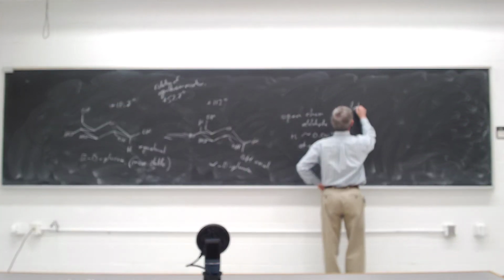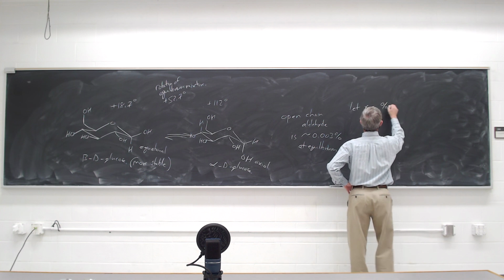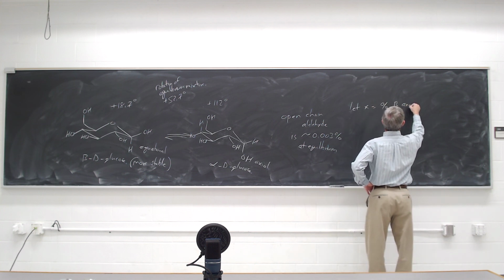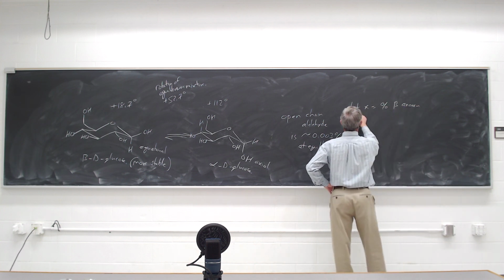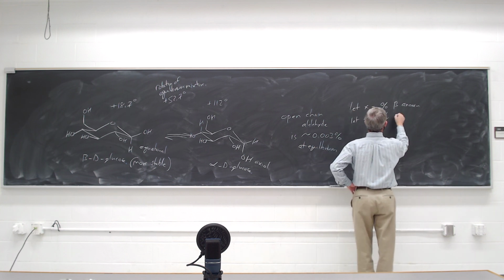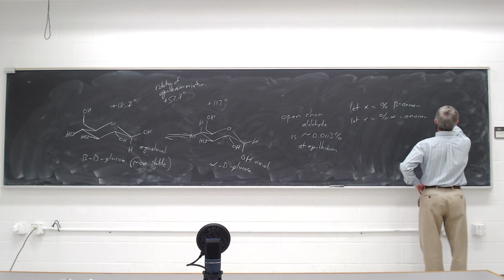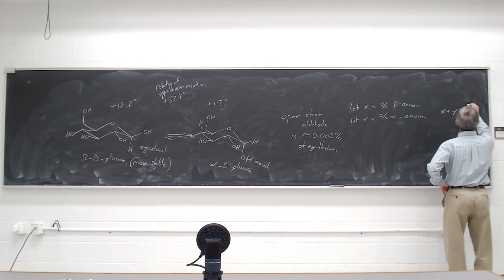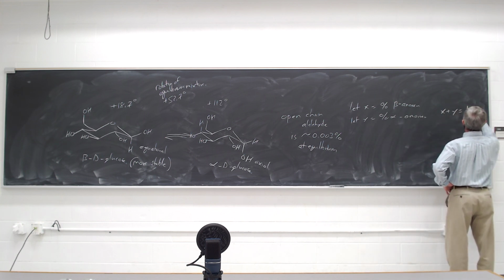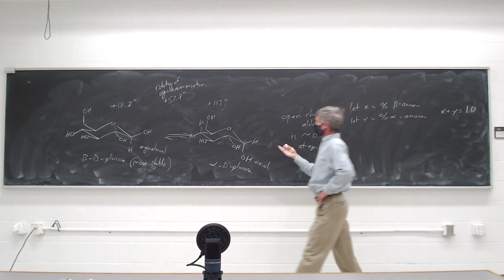So let's let x equal the percentage of the beta isomer, and let y equal the percentage of the alpha anomer. We know that x plus y is equal to 1 because almost none of it is in the open chain form.